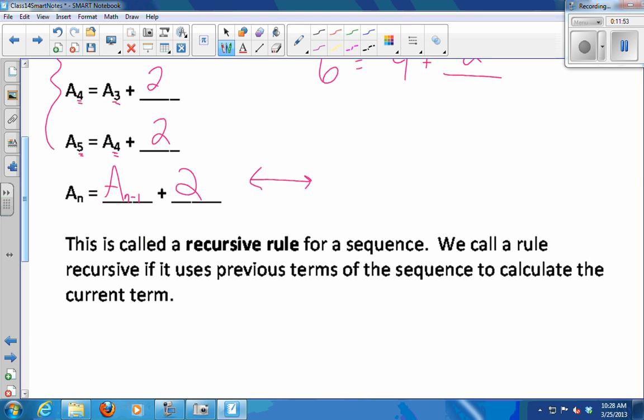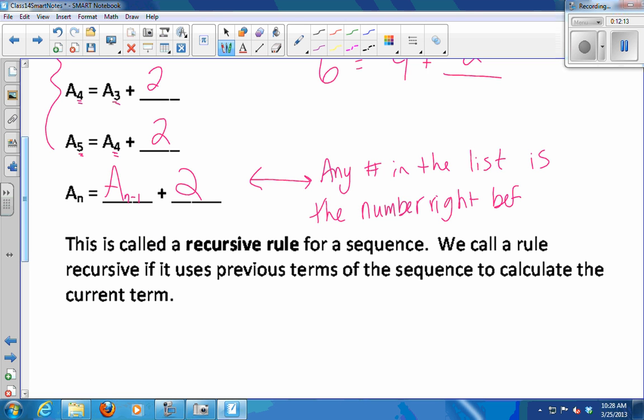This says that any number in the list, which we've represented with a sub n, is, that's my equals, the number right before it, that's a sub n minus 1, the number right before any given number, plus 2. So our notation for any number in the list is a sub n. The number right before it is a sub n minus 1.